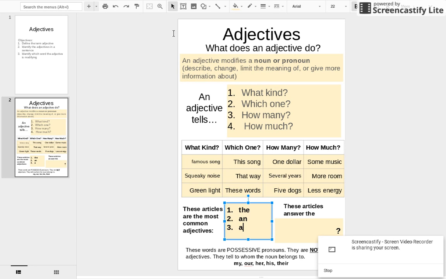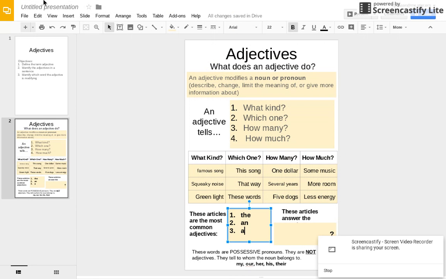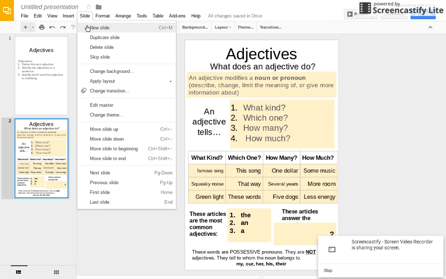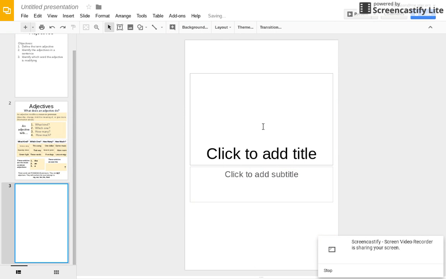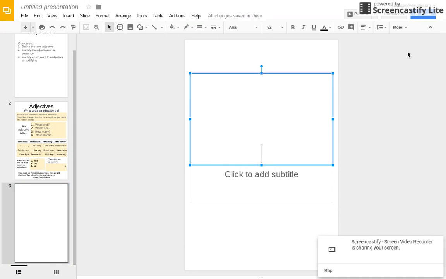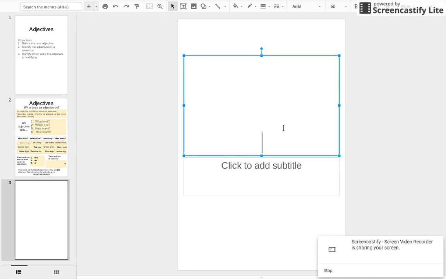Another example of that would be, if I said the purple door. So the is an adjective describing which door, and purple is an adjective describing what kind of door.